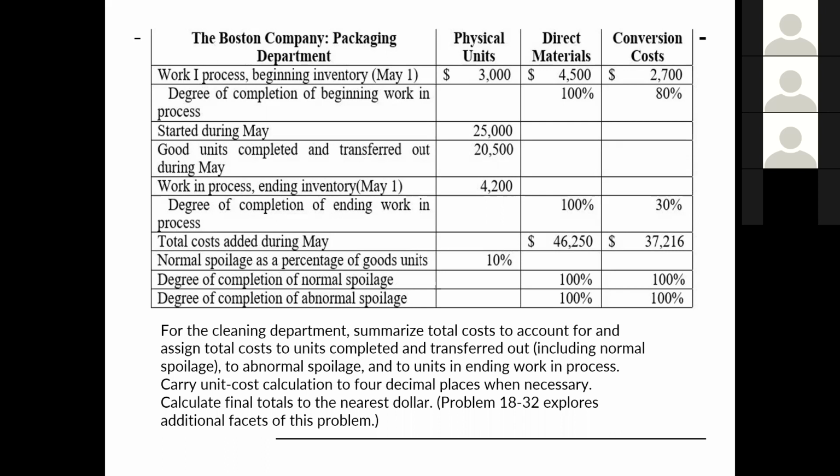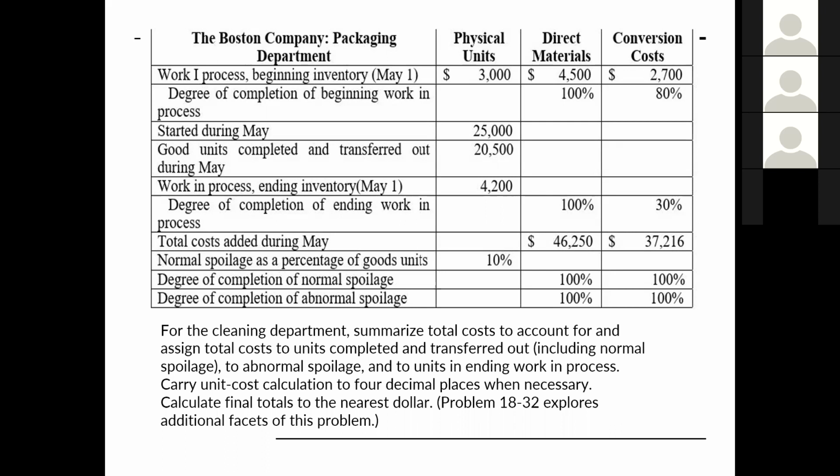So during May, physical unit started is 25,000. Good units completed and transferred out during May is 22,500. Work in process ending inventory, physical unit is 4,200. Degree of completion of ending work in process: direct material is 100% and conversion cost is 30%.